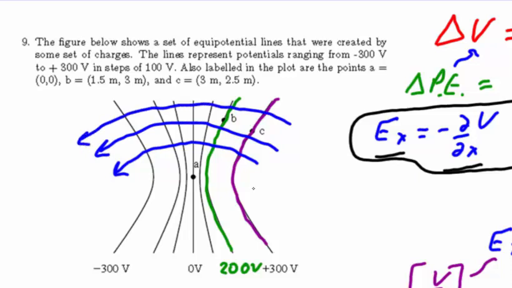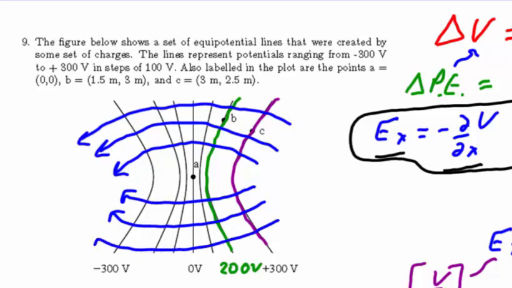But I would expect that any student asked to perform a drawing like this on an exam would take care to make sure that, number one, the electric field points downhill, which respects the minus sign in the derivative, and number two, some attempt is made to recognize that the electric field lines should be roughly perpendicular, to the best of your artistic ability, to the equipotential lines.